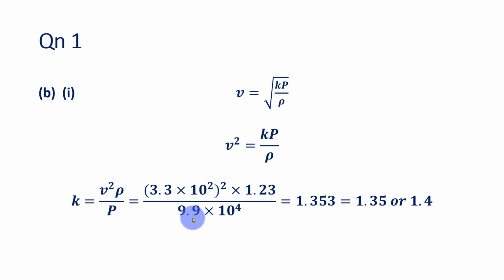The rule is when we quote our final calculation, we must express the number of significant figures to be equal to the least number of significant figures that were used in the raw values. For example, we used 2, here we used 3, and here we used 2. So the least number of significant figures used in this calculation is actually 2.